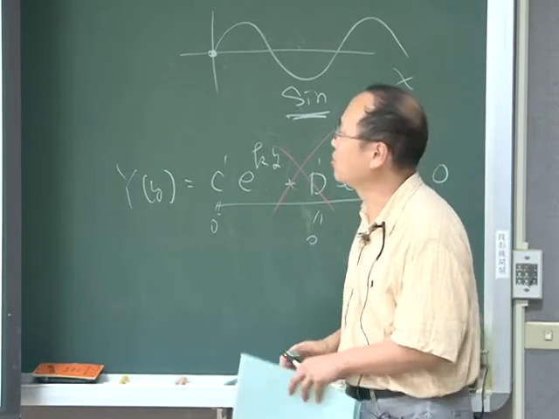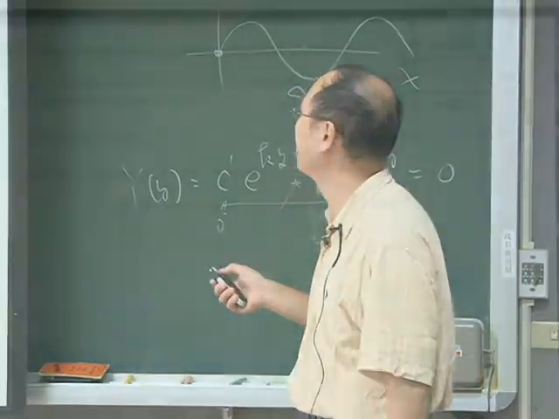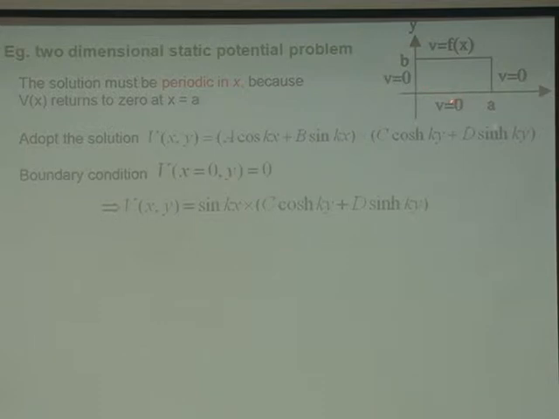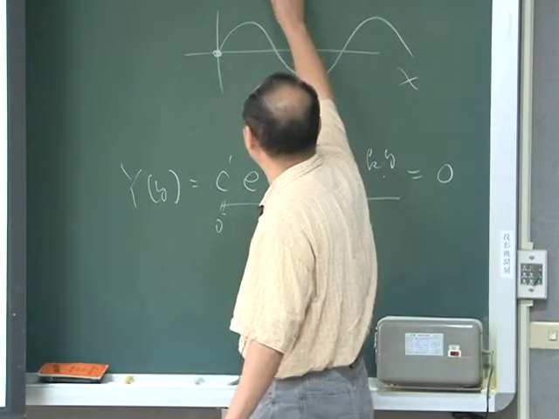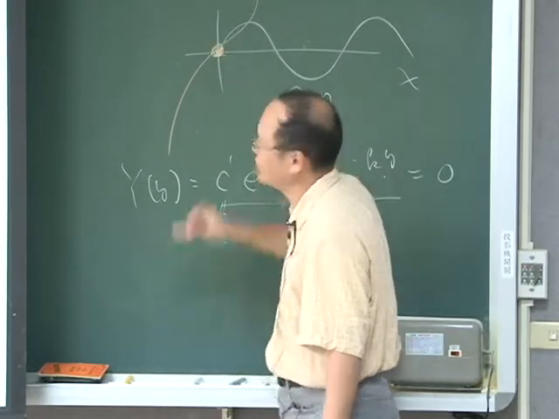Okay, because when y equals 0, the voltage is equal to 0. If you choose this expression, then everything is 0. So you cannot use this expression. So you just use this expression. And for this expression, when y equals 0, this expression has to be equal to 0. This means that you have to pick a solution that goes through the 0 point.